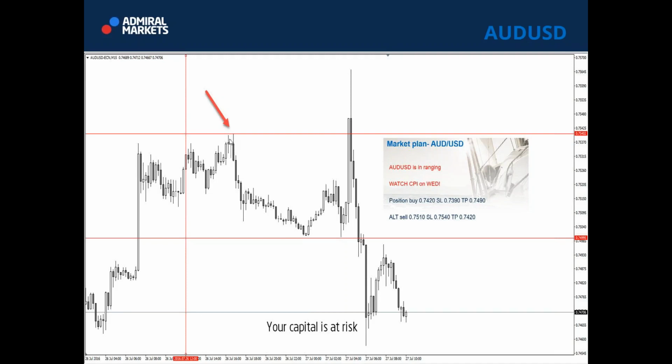But if you traded the second rejection, well, then look at this. I put a stop loss of 75.40. Now that is the reason why I always say add the spread to your stop loss, or if you don't have the spread, if you trade with an ECN account, then guys, add at least 2 to 5 pips. And if you did it, you shouldn't have been stopped out here.